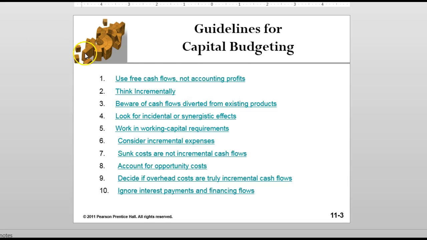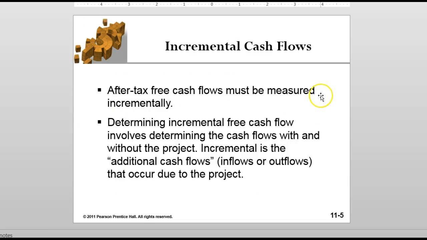And so that tells you use free cash flows, not accounting profits, and then we need to think incrementally. And as you think about that, you need to look at after tax, okay? And they must be measured incrementally, meaning each year. We just can't say, oh, this is a 5-year project and I'm going to get $500 million from it over the length of the project. That won't work.